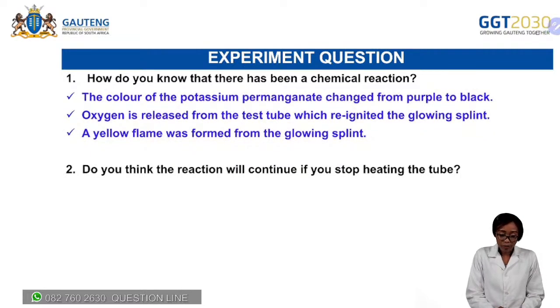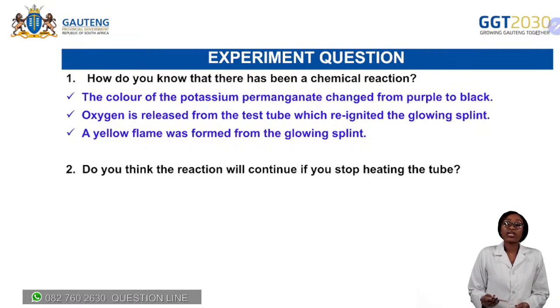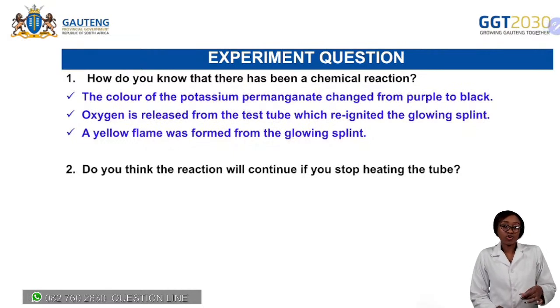The color of the potassium permanganate changed from purple to black. If you remember during the experiment, when we were putting the potassium permanganate into the test tube, the color was a dark purple. And after heating it, I'm sure you remember when I showed you the test tube, the color had changed to black.